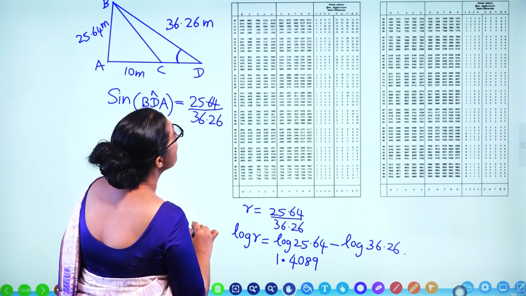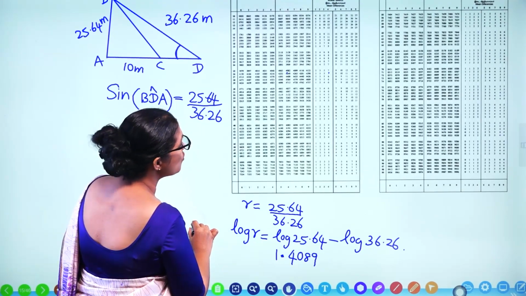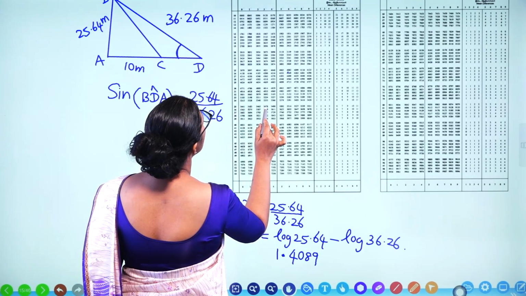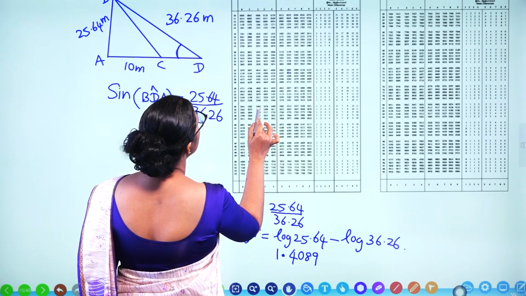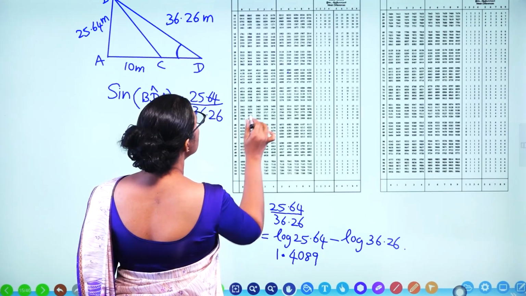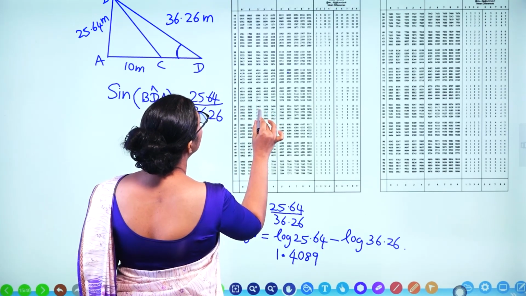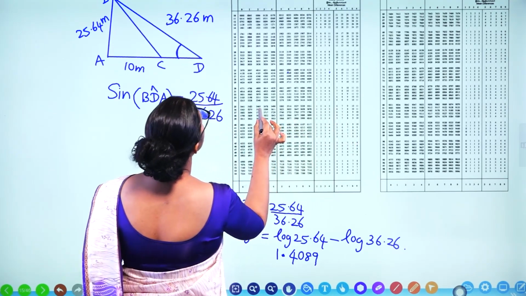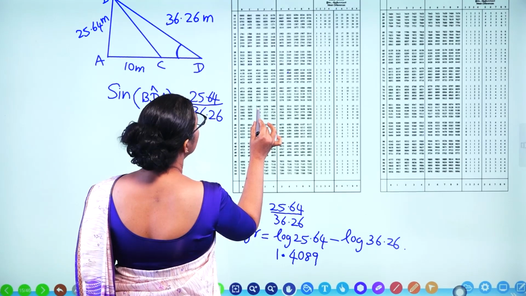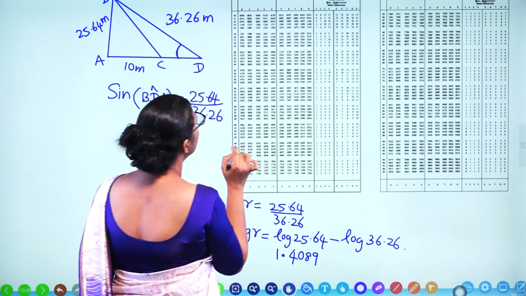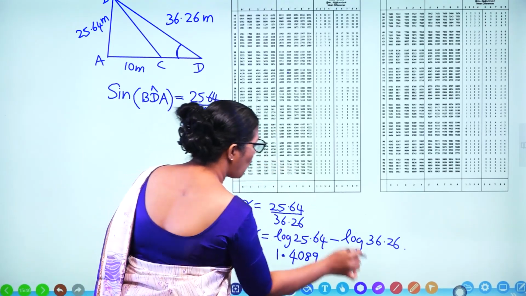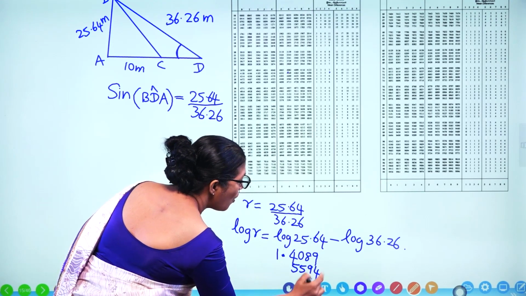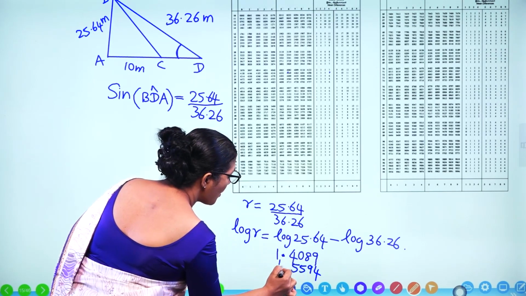Next one. 36.26. 36, 22, 36, 2, 6. 6 is 7. You have to add 7. 55, 94. 55, 94. And this is also 1 point something.